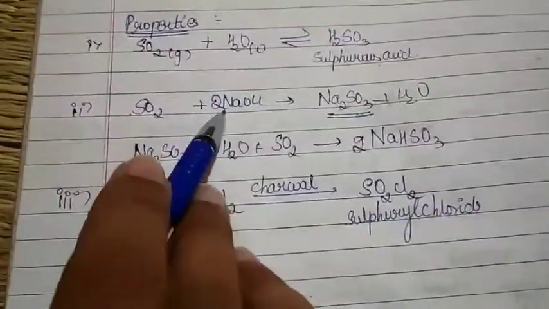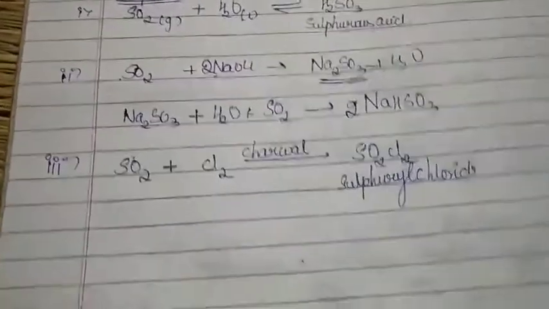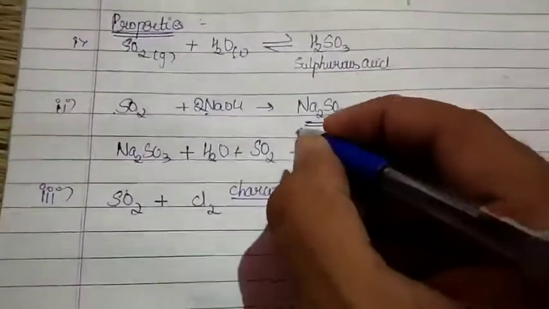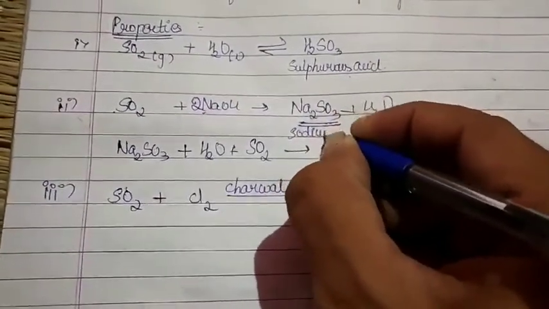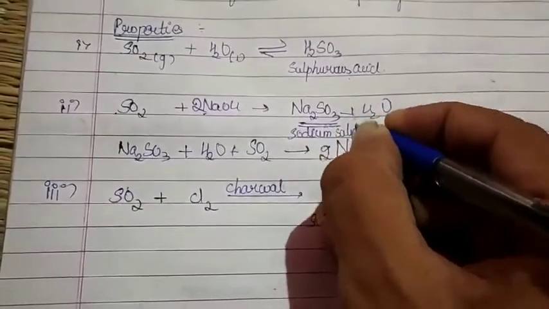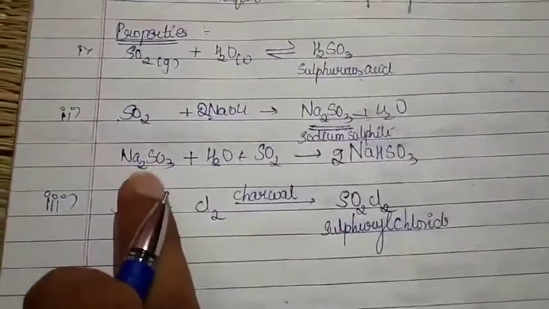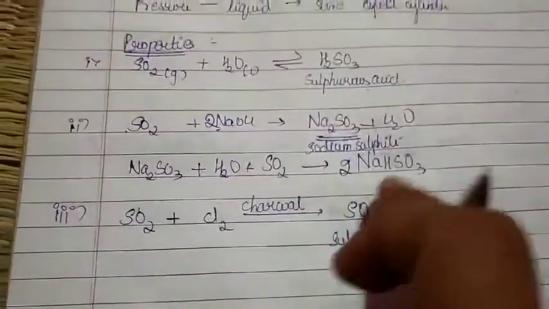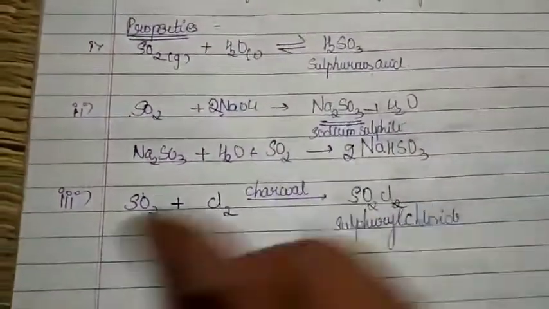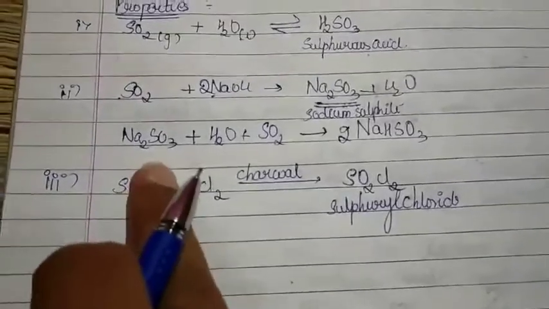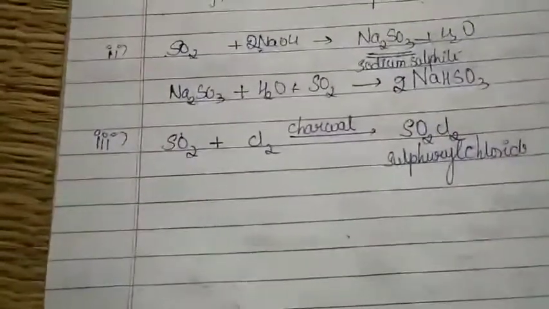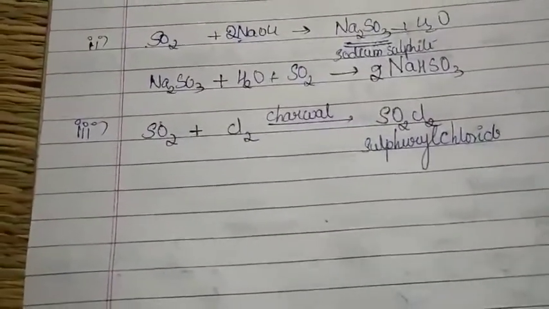When SO2 is reacting with NaOH, first it gives you sodium sulfite. Very much important. It is sodium sulfite. Similarly, that sodium sulfite doesn't stop over there. It once again reacts with the SO2 to give the final product, sodium bisulfite. Whereas your sulfur dioxide reacts with the chlorine to give your sulfuryl chloride.